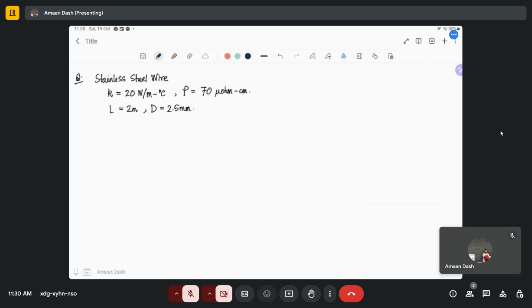And it is submerged in a fluid at 50 degrees Celsius.